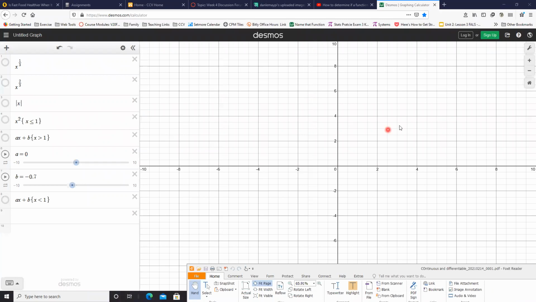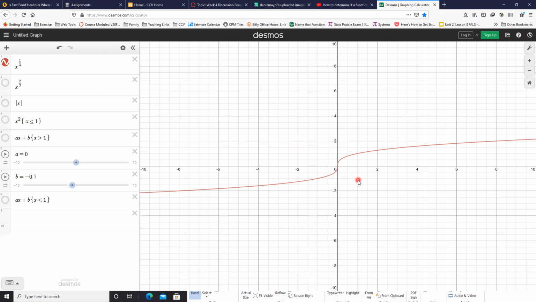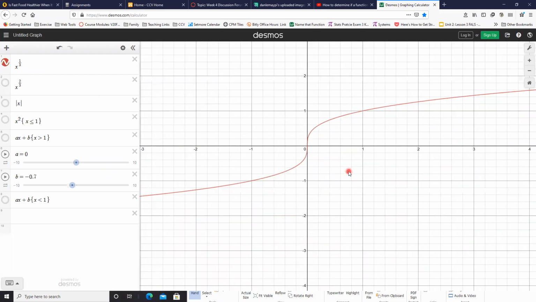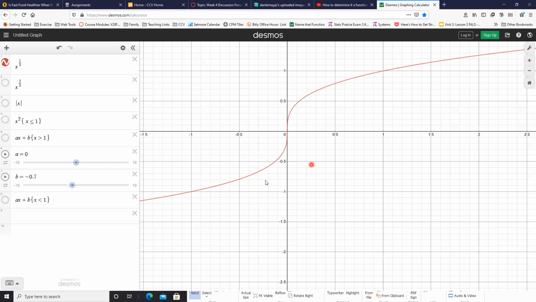One video that I posted earlier this weekend was about how you know when there's a corner or a cusp. So here's x to the third, which has a vertical tangent. The function's certainly continuous, right? I can trace it all along, and finding the derivative is just finding the slope of a line.